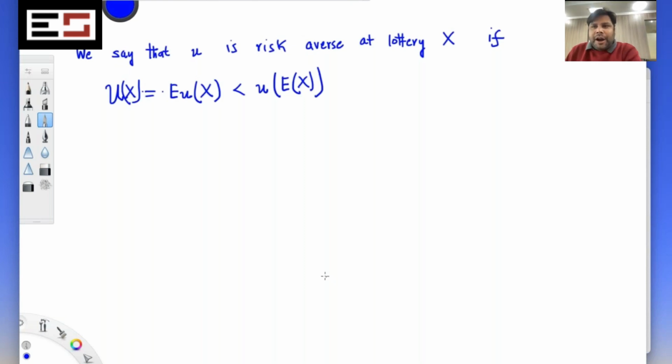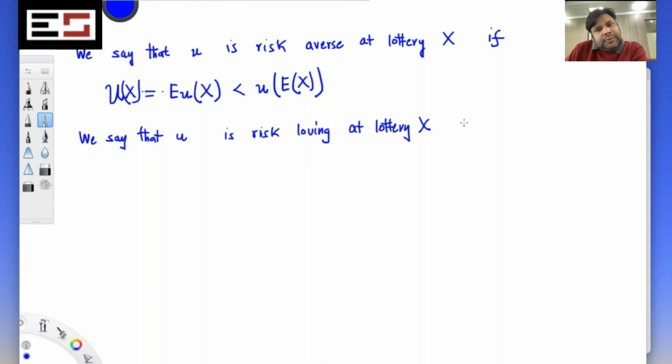Let me now define risk loving. We say that a consumer or an individual u is risk loving at lottery X if the satisfaction level associated with the lottery, which is the expected utility of the lottery, is greater than the utility from the expected value of the lottery.